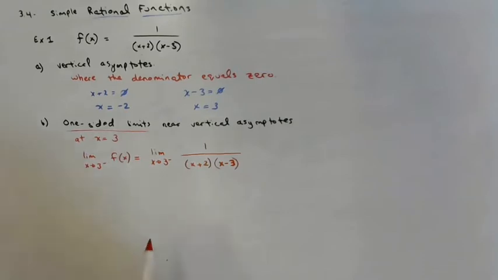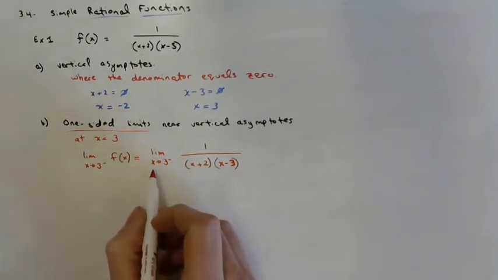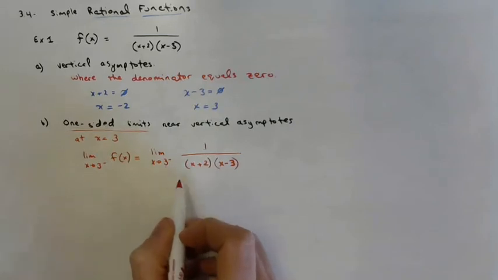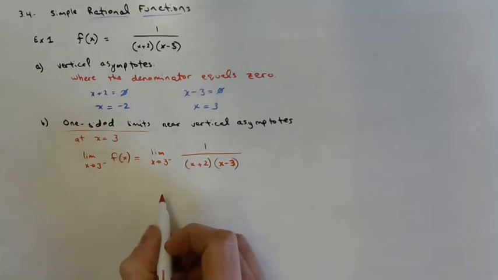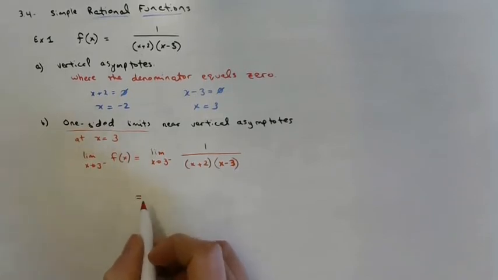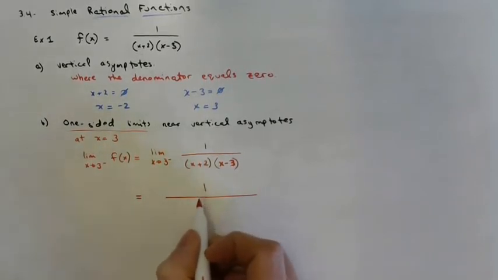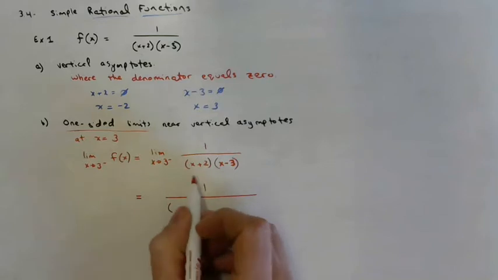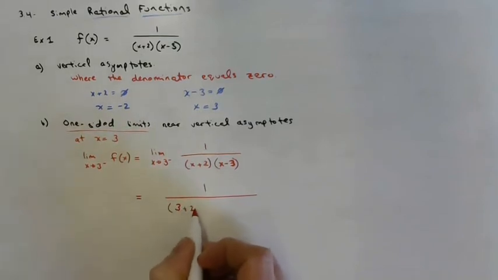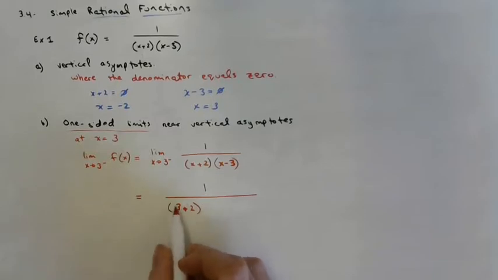Okay, in order to do this, basically we're going to see x is approaching 3. So it's getting really close to 3. So what happens here when we sub in a number that's getting infinitely closer to 3, is that this first bracket basically just becomes 3 plus 2, okay? It's approaching 3, and then that means this bracket is approaching 5, right?